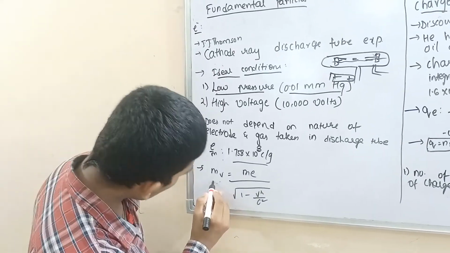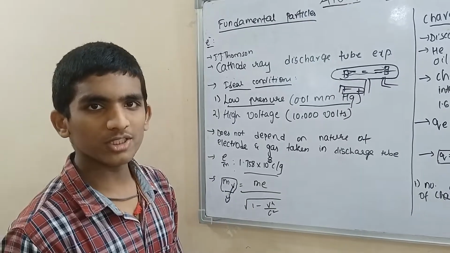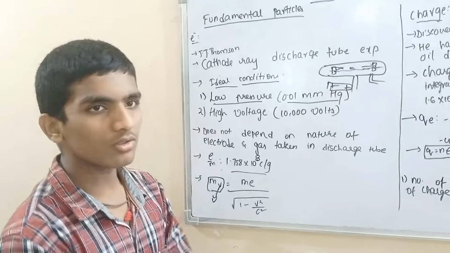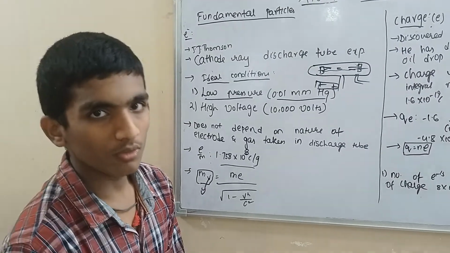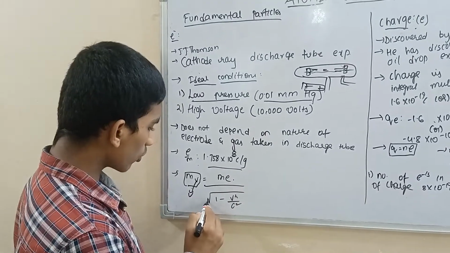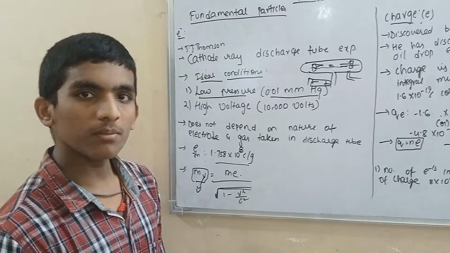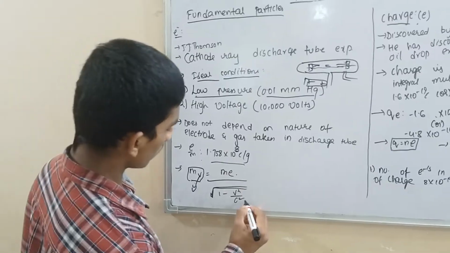What is the speed? That is V. We don't know that speed, so we keep V. The electron is moving with speed V. What is its mass? Mass of electron divided by root over 1 minus V square by C square. What is C?